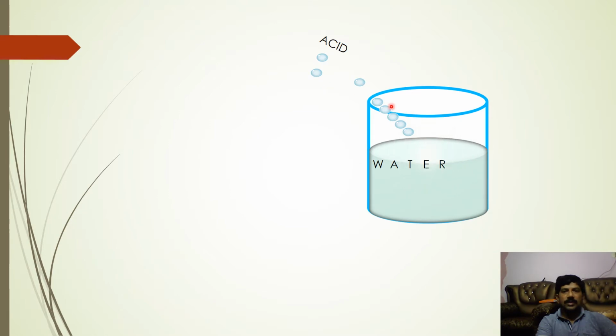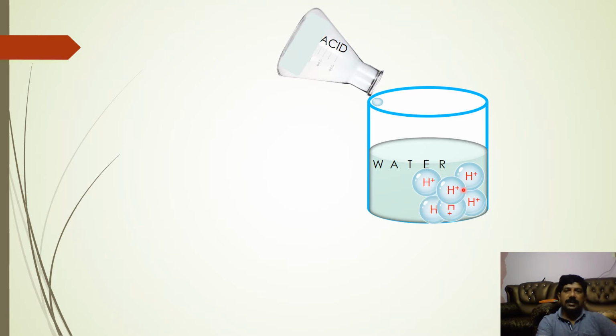Children, observe this animation. What I am doing, I am adding acid to water. I have taken acid in the conical flask. I am adding the acid drop by drop to the water. What happened to the acid? See, as soon as the acid is dissolved in water, it gives H plus ions. So, what is an acid?